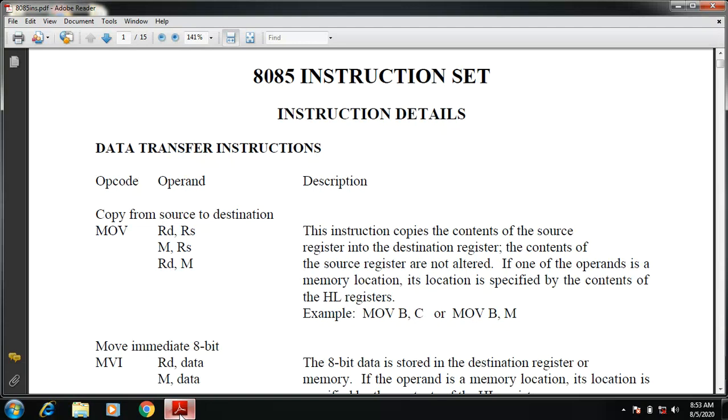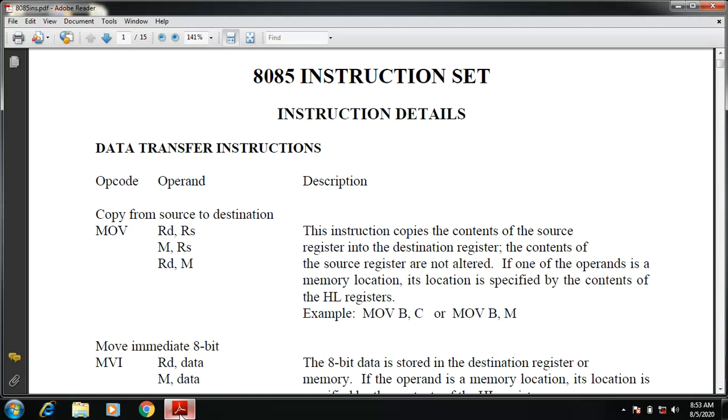So simply data transfer means copying from memory to memory, memory to register, register to memory, etc. These things are easily done by using data transfer instructions.